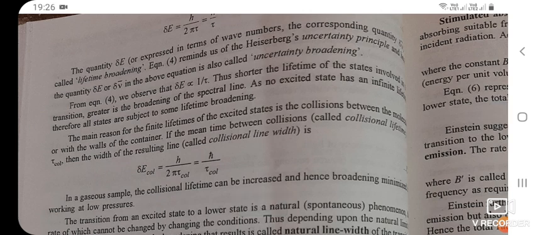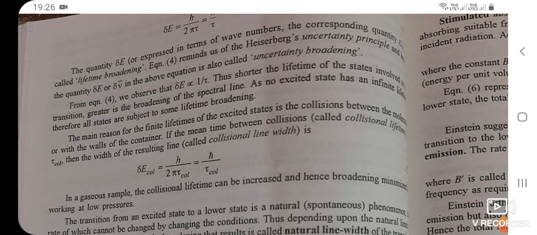Thus, the shorter the lifetime of the states involved in the transition, the greater is the broadening of the spectral line. As no excited state has an infinite lifetime, all states are subject to some lifetime broadening. The main reason for the finite lifetimes of the excited states is the collisions between the molecules or with the walls of the container.